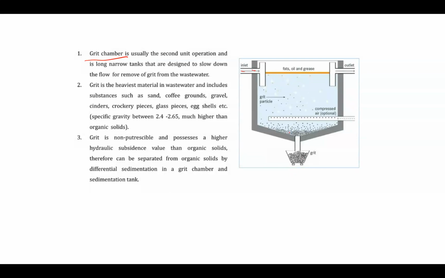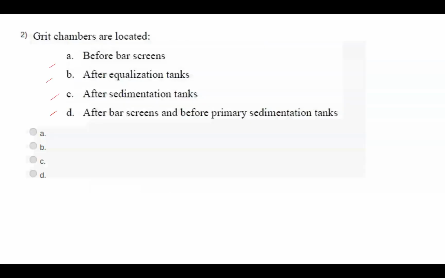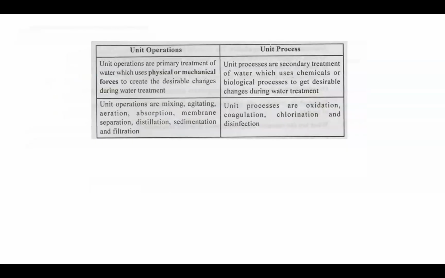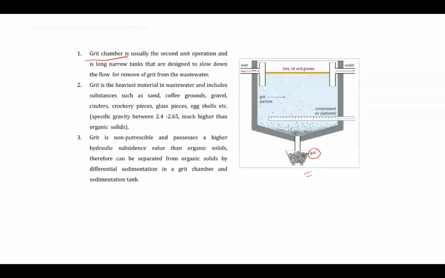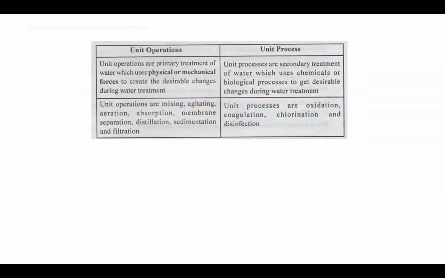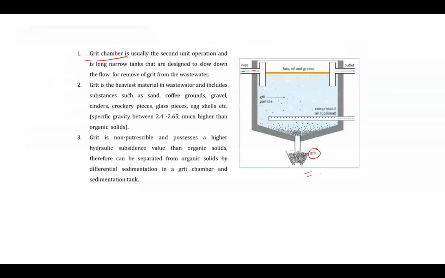Yeah, it will settle down here, and then we can separate. So it is actually after bar screens and before primary sedimentation tanks. This is a unit operation. You can read this once I upload the slides in the drive. You can download and read.